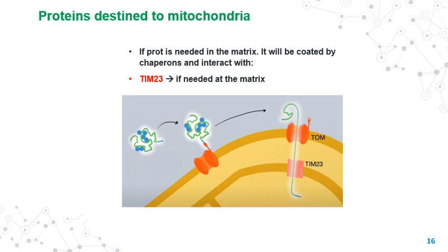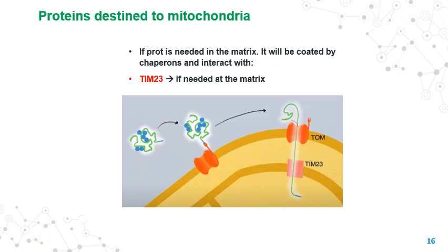All right, so now let's see what else is going to happen. On the other hand, you have some proteins that have to go all the way into the matrix. So if your protein has to go through this whole import and get into the matrix, you're not going to use TIM22. You're going to use this other guy, TIM23. At least they are sequential numbers. So how are you going to remember that 23 goes to the matrix?